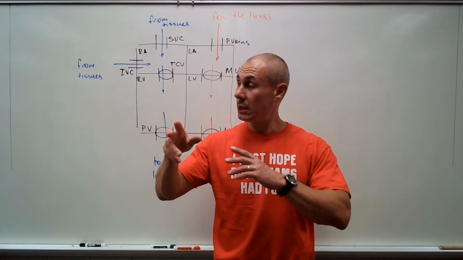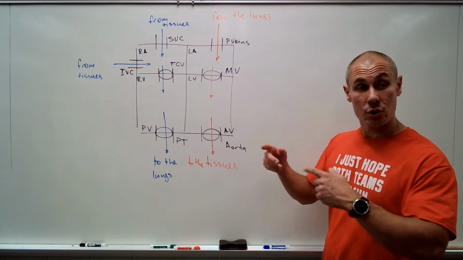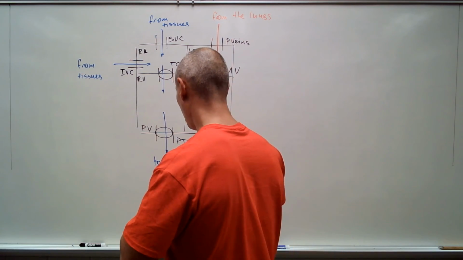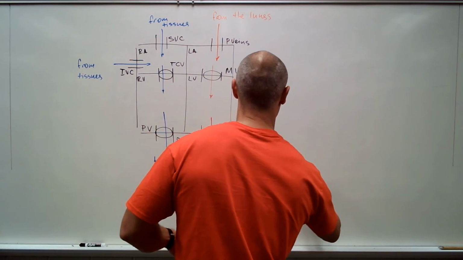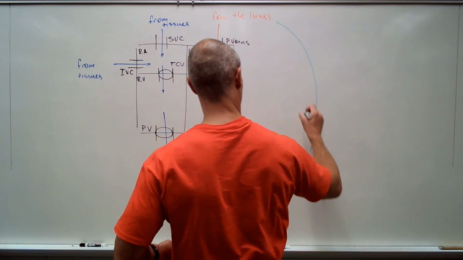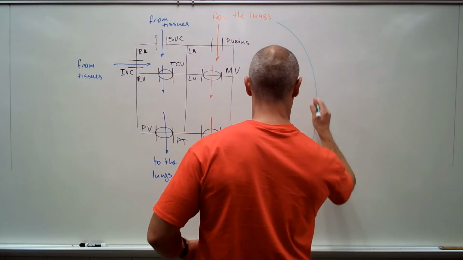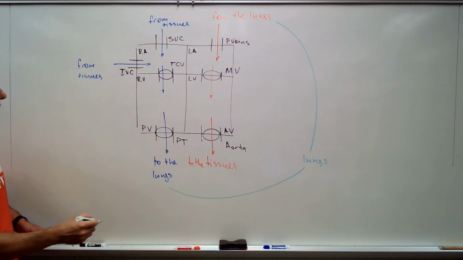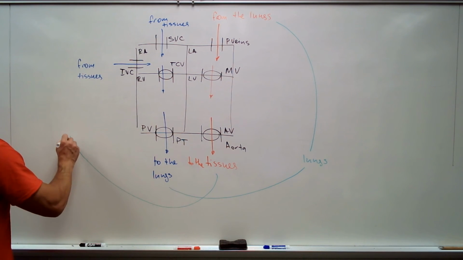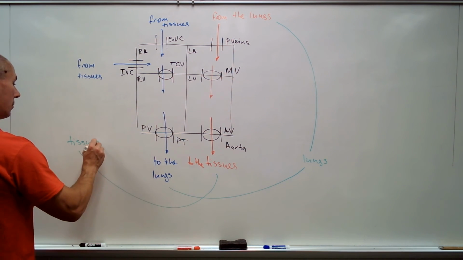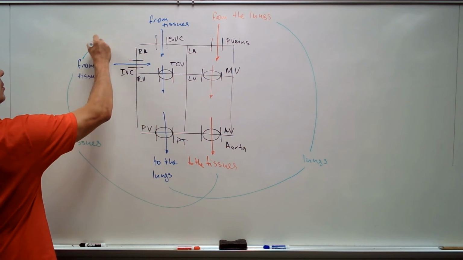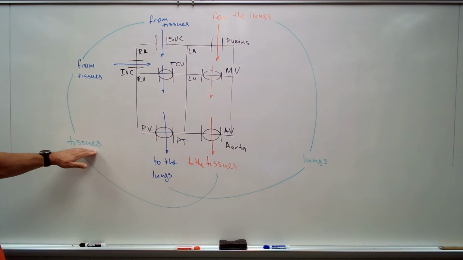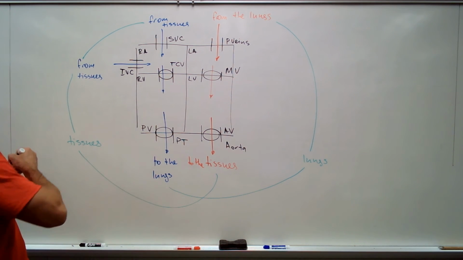Another thing. So basically here we have two circuits. One is pulmonary circuit. Does that make sense? And another one is systemic. Okay?